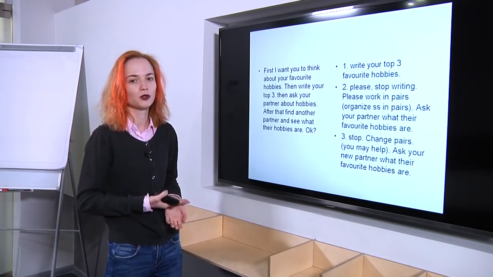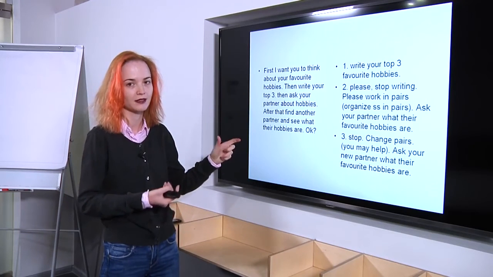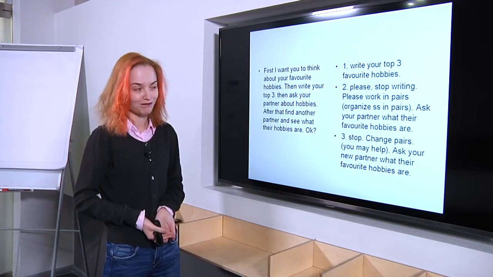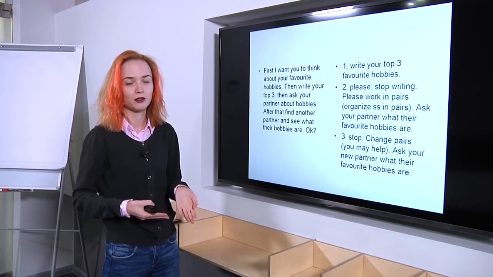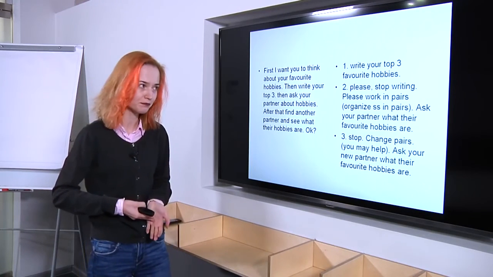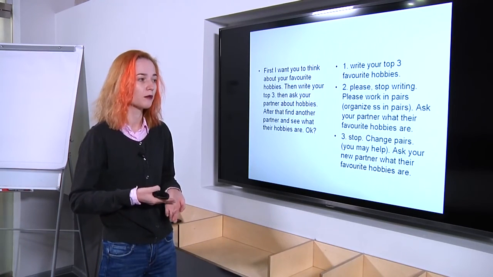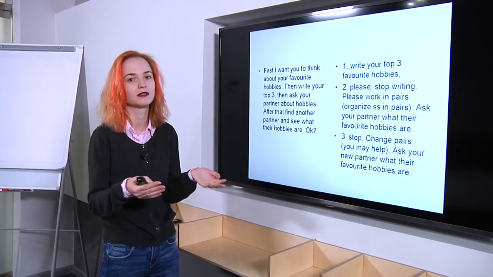Instead of that, you should divide your long instruction into short parts and solve with your students one problem at a time. Instruction number 1, write your top 3 favorite hobbies. And then your students write, you stop them. Instruction number 2, please stop writing, please work in pairs, and you may organize students in pairs.